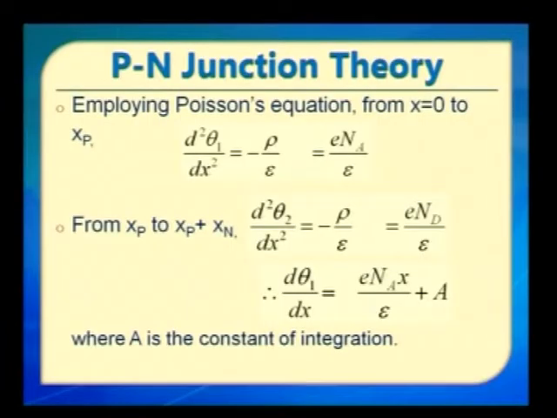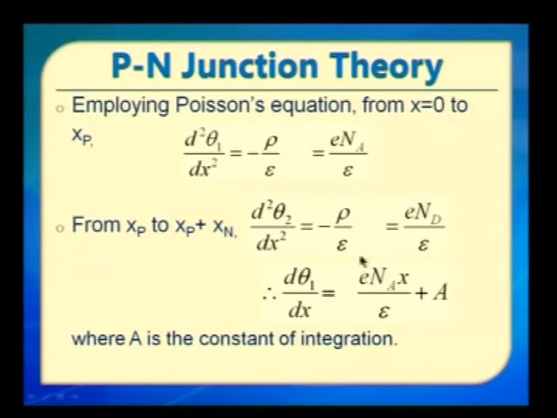Now, we have to connect the charge density and the potential. Theta 2 is the potential, the charge density will be n d, the donor atoms, right. You have got donor ionic layers, after donating the electron there will be positive ions, and so the charge times the number density of positive ions you have here, that gives rise to a charge rho. So, in this region d square theta 2 by dx square will be minus rho by epsilon, that rho will be what? Rho is the charge density due to ionic layers. How many ions are there? n d is the number of ions.